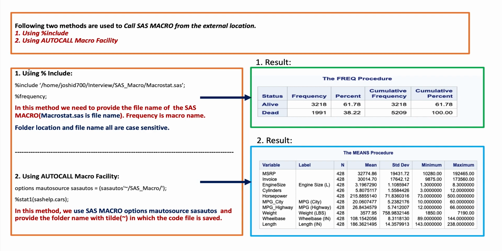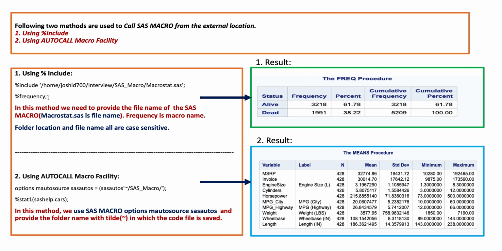Let me explain first using %include. In this method, we start with %include. Inside the code, we have to provide the file name with folder location. Your file name is macrostat.sas and folder location is interview/SAS_macro. And macro name is frequency.